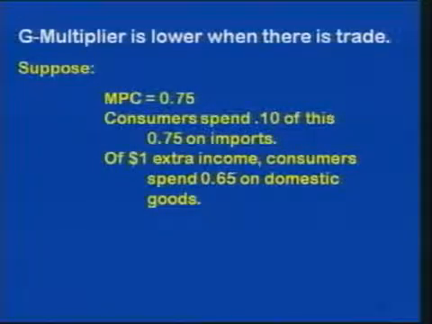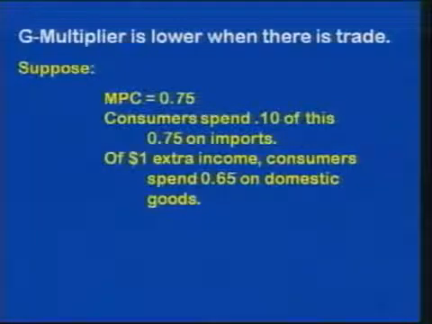Remember what this multiplier was doing. There's government spending, that increases the economy by whatever the government spending is. That becomes income to someone. They spend a portion of it, which stimulates the economy by that amount. That becomes income to someone, and you get this ripple effect.